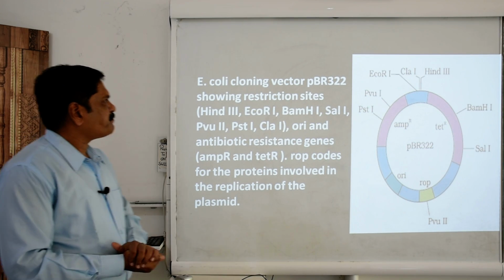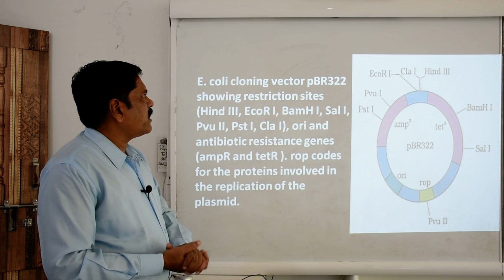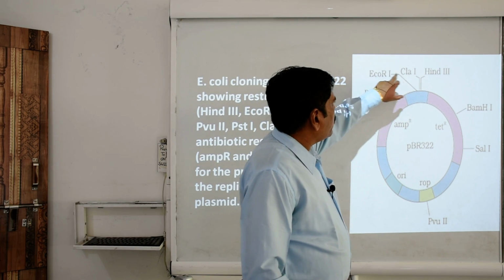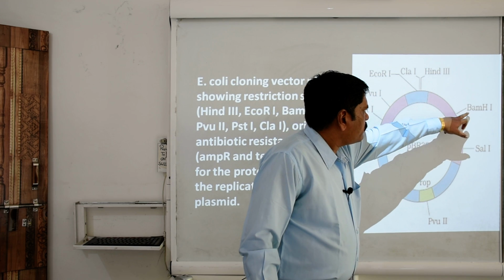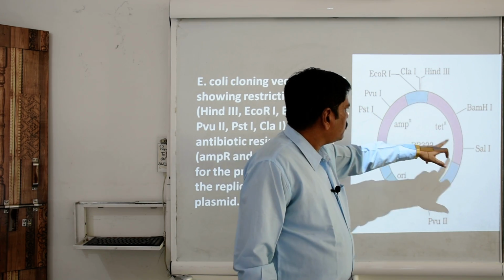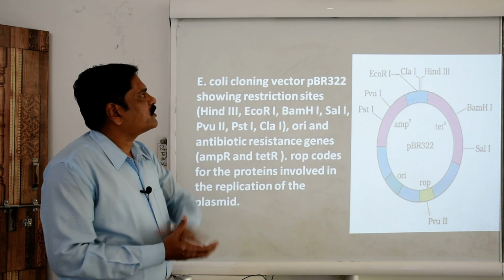Clear? Now here, with the help of this E. coli cloning vector, you can see EcoRI, ClaI, HindIII, then HincII, SalI, and so on. These are all the restriction sites.